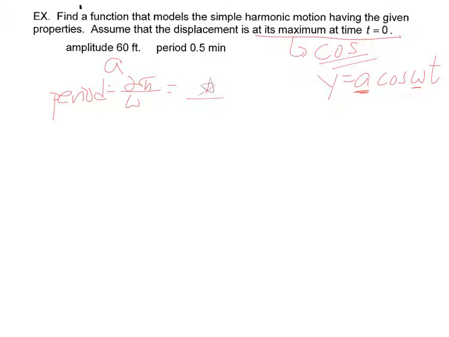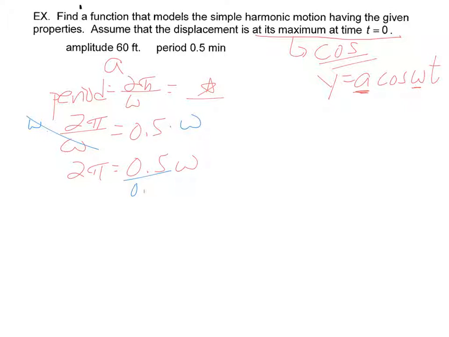We have the value. It's 0.5. So we're going to write 2 pi divided by omega equals 0.5. Now multiply both sides by omega. 2 pi equals 0.5 omega. Divide both sides by 0.5.